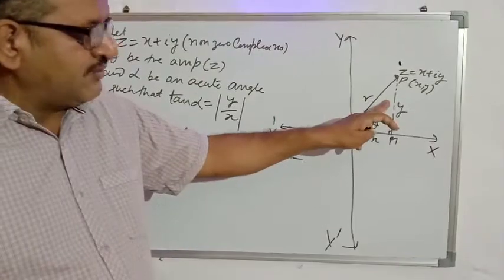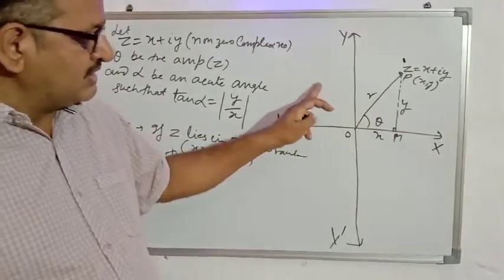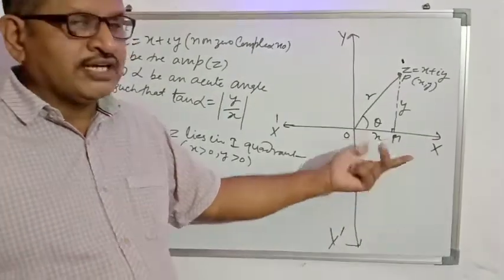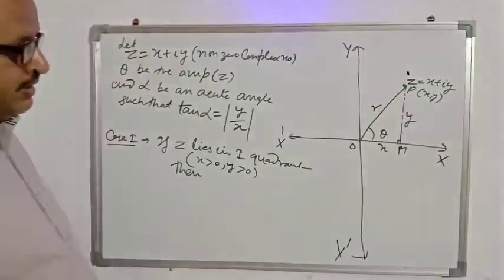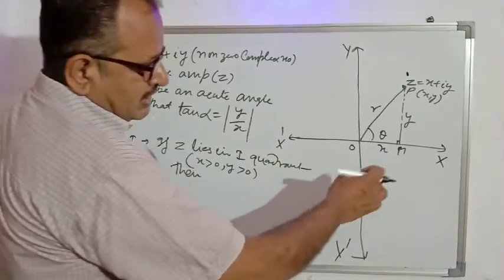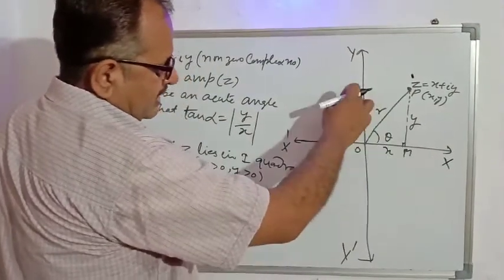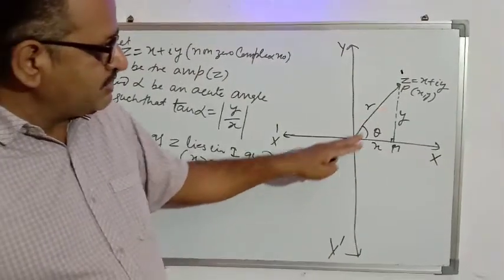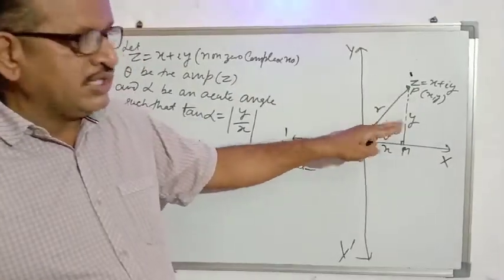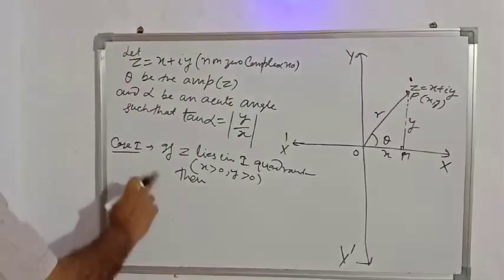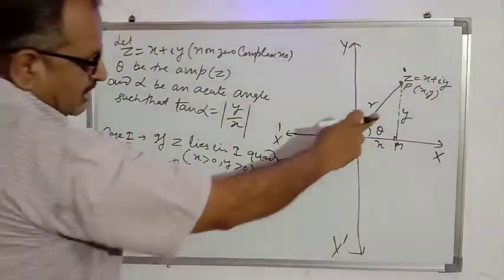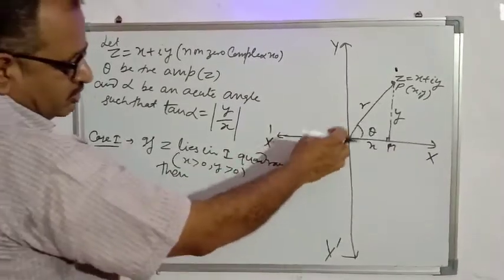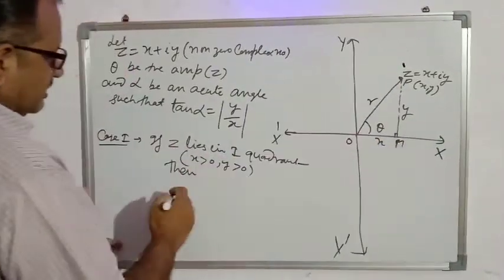If z lies in the first, second, third or fourth quadrant, then what will be the value of theta? Initially we saw the cases where z lies on the axes. But here we have to see, if z lies in the first quadrant, what will theta be? In that case x will be greater than 0 and y will be greater than 0, both positive.